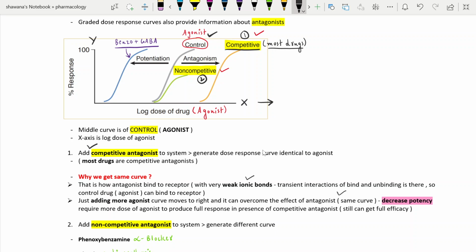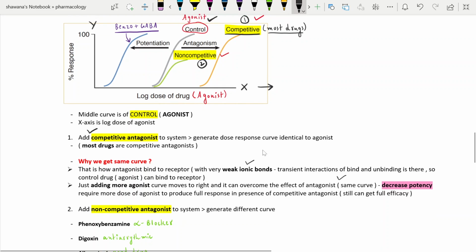It means that the potency will be decreased but efficacy will not decrease. Only by adding more of the agonist we can have the full response even in the presence of the competitive antagonist. So we still get the same efficacy, but the potency of that system would be reduced.